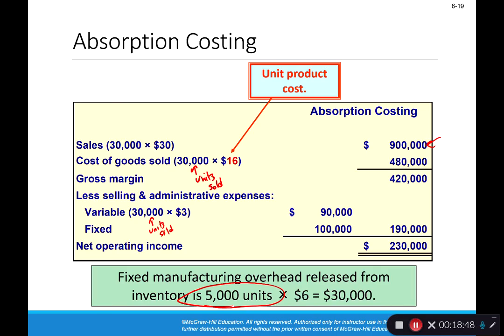I told you before that the difference in NOI between variable and absorption equals the change in inventory times the fixed overhead per unit produced.